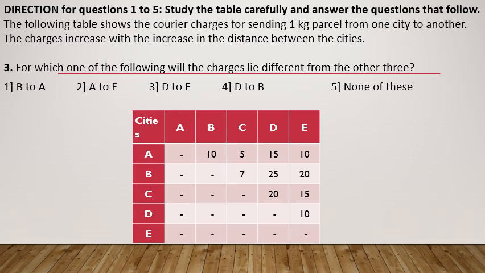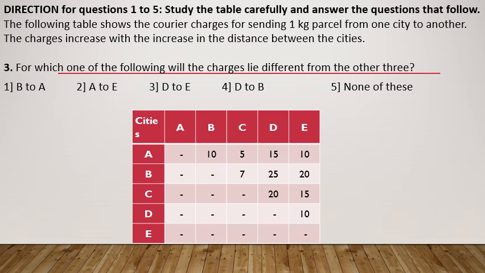Coming to question number 3, for which one of the following will the charges be different from the other 3? Let us check. First check the price from B to A. If we check B to A, the price is 10 rupees. If we check A to E, again the price is 10 rupees. If we check D to E, the price is again 10 rupees.